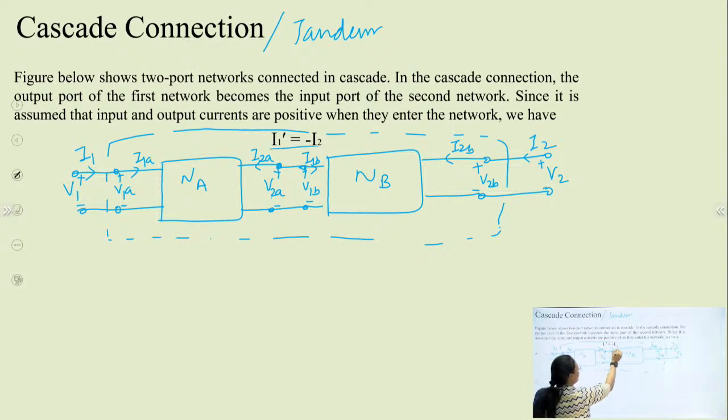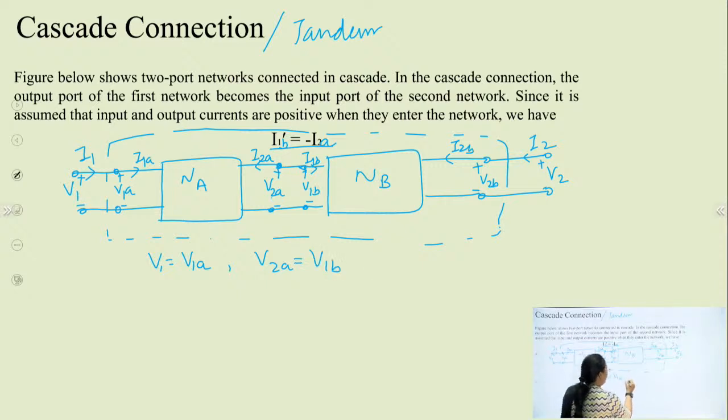यहाँ पे मैंने यही लिखा हुआ है, this I2A I am showing as minus and this is हमारा I1B, okay. So here we are using a negative sign because these two currents are in opposite direction. So I can write the relations while seeing this diagram: V1 will be equal to V1A. और हम यहाँ से क्या लिख सकते हैं, for voltages V2A will be equal to V1B, and voltage V2 will be equal to V2B.